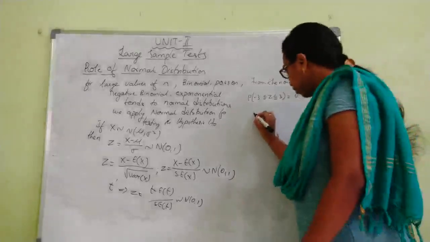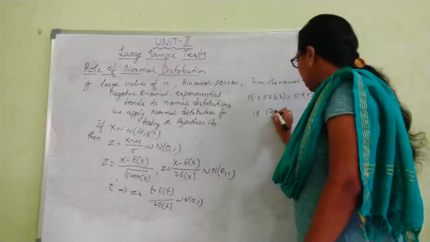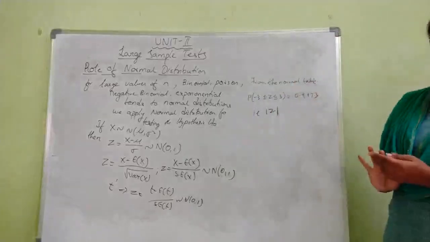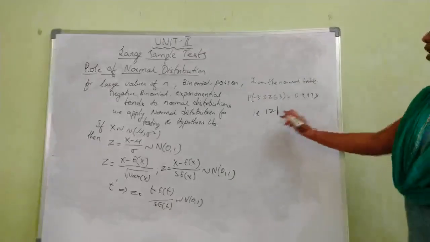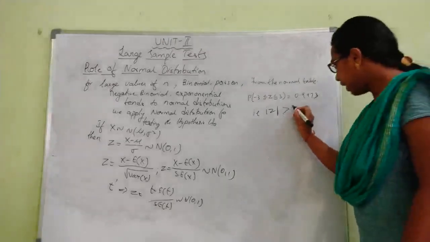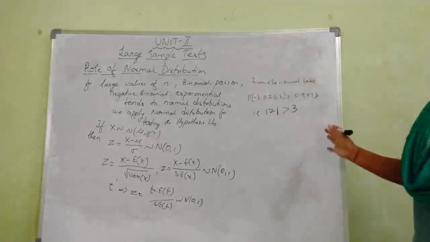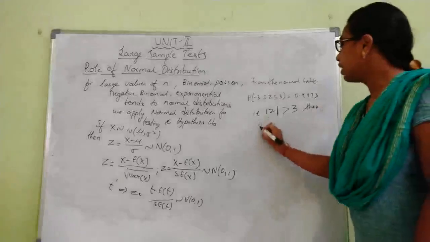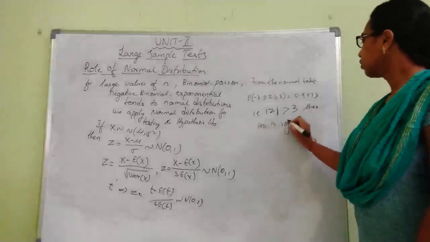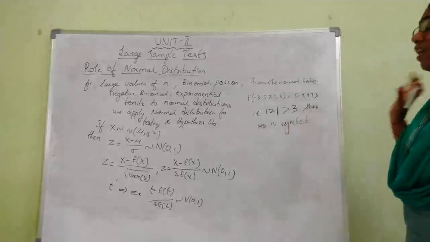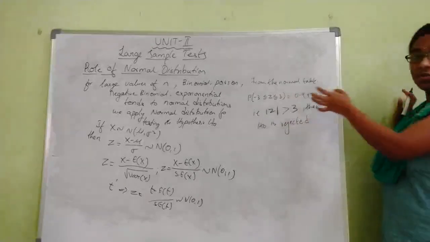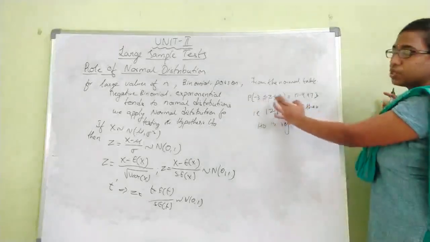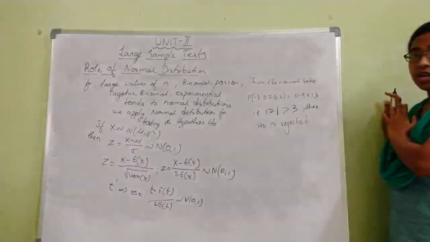That is, mod Z value. Suppose if Z value lies between -3 and +3, we accept this one only. But if mod Z value is greater than 3, that means if it does not lie between -3 and +3, then H naught is rejected. So basically we assume that all the values lie between 3 sigma limits, that is the probability of -3 less than or equals to Z less than or equals to 3 is 0.9973.